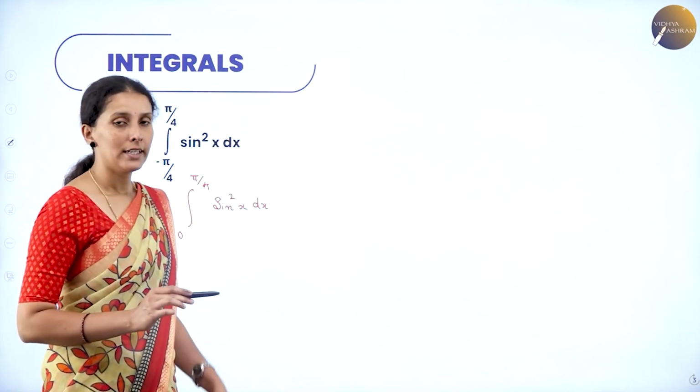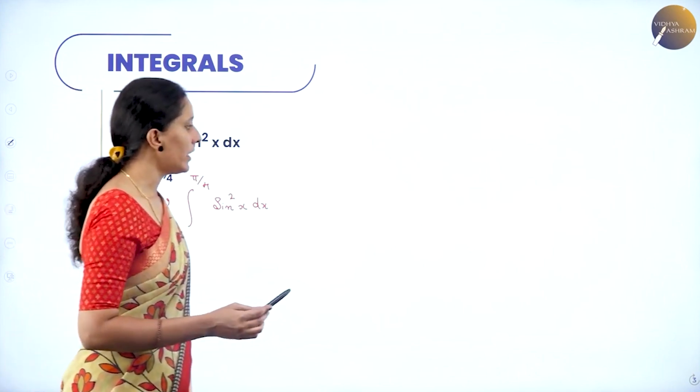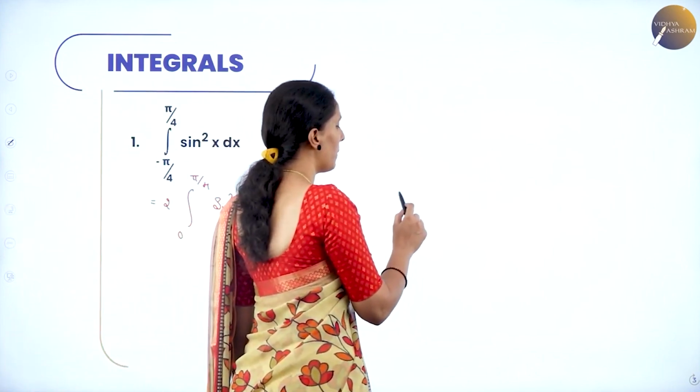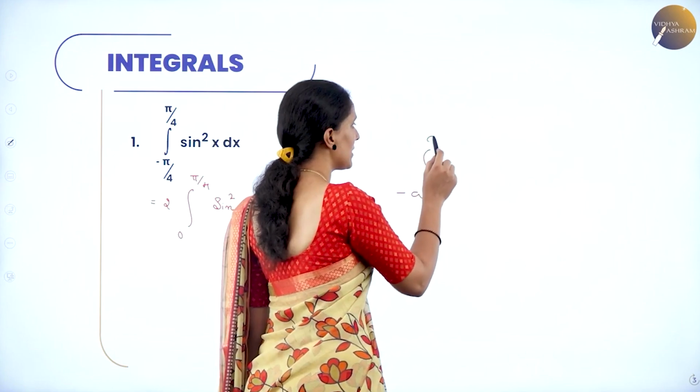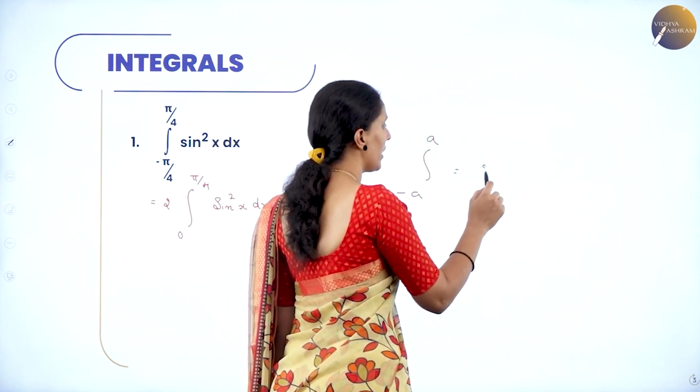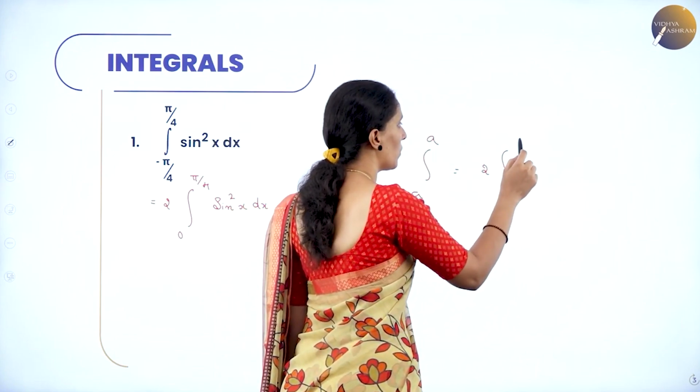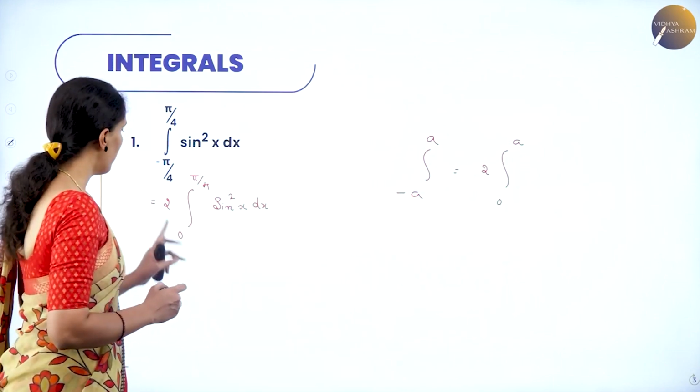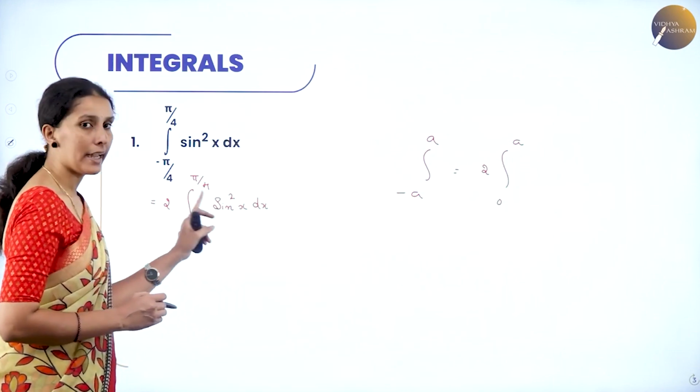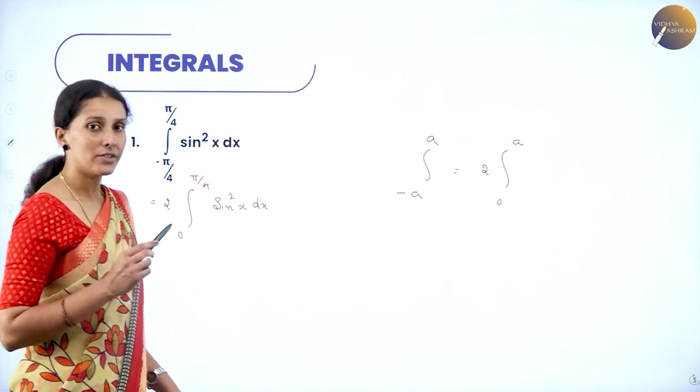Why? Because I have the property that when you have an integral from minus a to a, then you can write it as 2 times integral from 0 to a. So therefore, here I have taken this integral. Now again, sine square x.